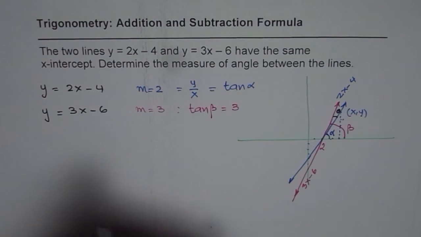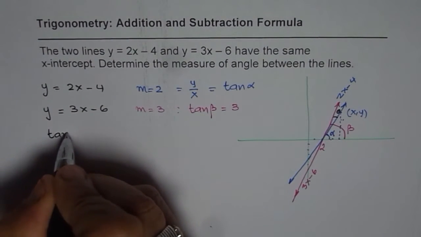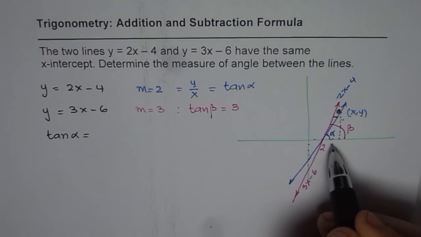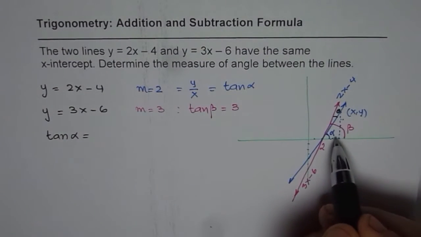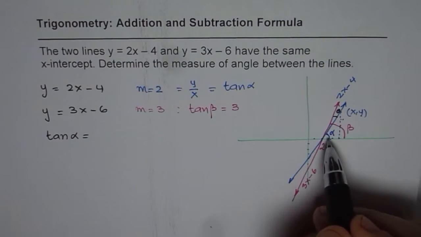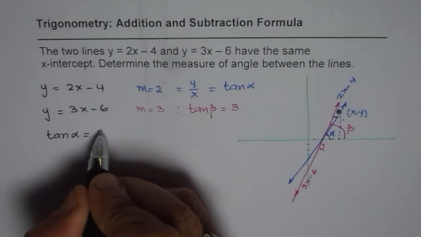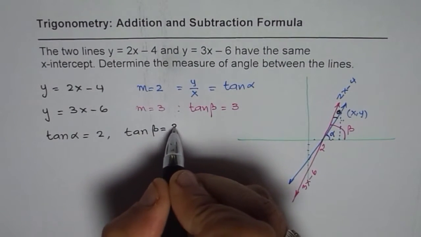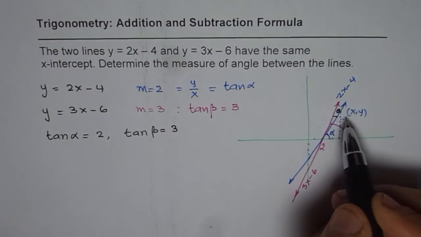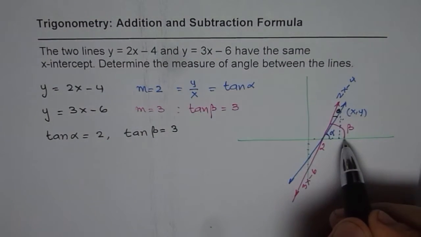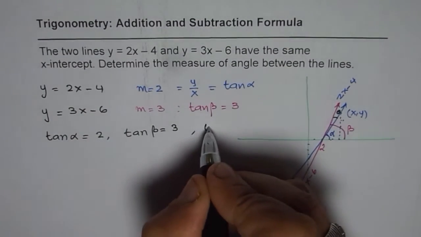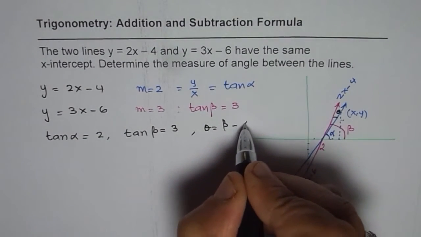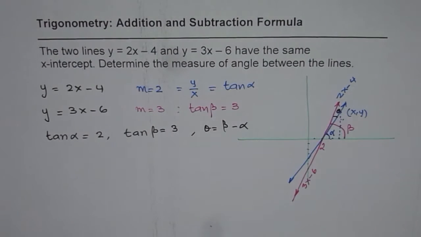So from here we get tan alpha, the angle which the first line makes with the x-axis is alpha for us. So tan alpha is the slope of that line, which is 2, and tan of beta is 3. So we know that. What we need to find is theta, which is the difference of beta and alpha, right? So theta is beta minus alpha. We need to find that.